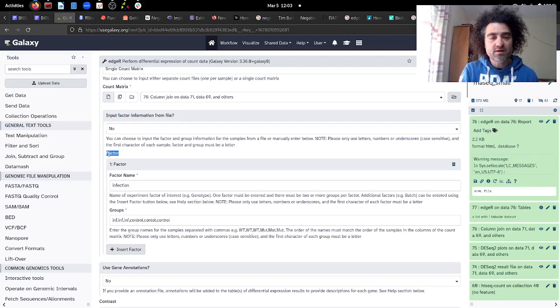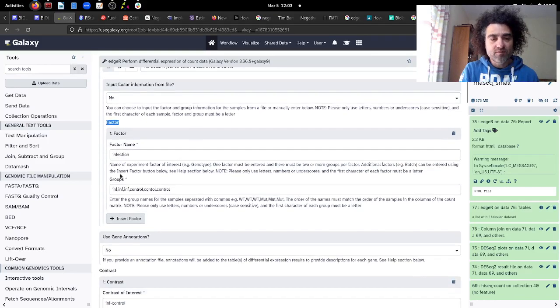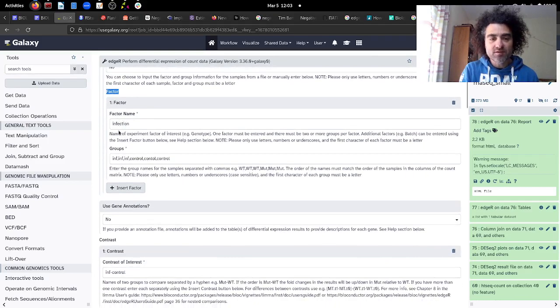So here in the subsection factor, I must write what I study, and what I study is the role of infection on the expression level. You can assume that this factor is a discrete random variable that may take some discrete number of values, and the name of this random variable is infection.